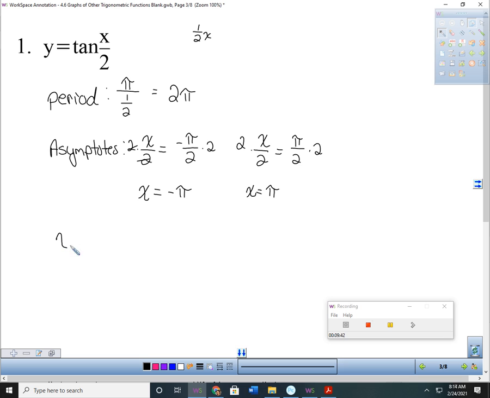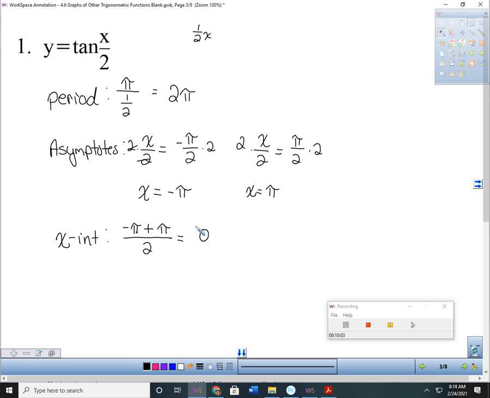Then we're going to locate our x-intercept. Your x-intercept is halfway between this asymptote and this asymptote. So you're going to add those together and divide by 2, which gives you 0.